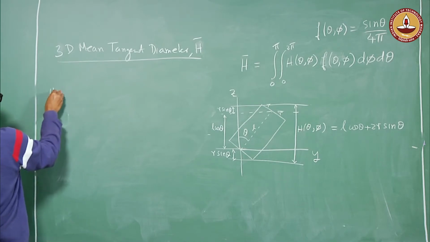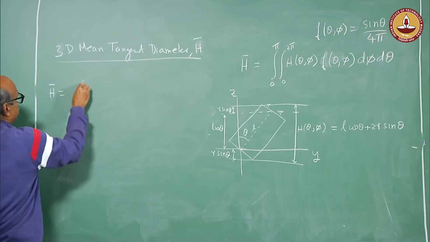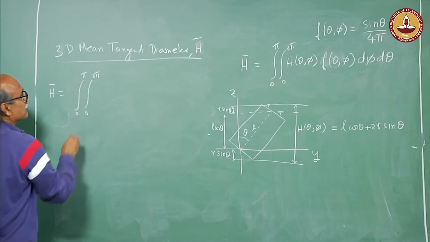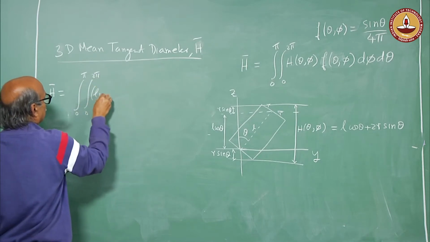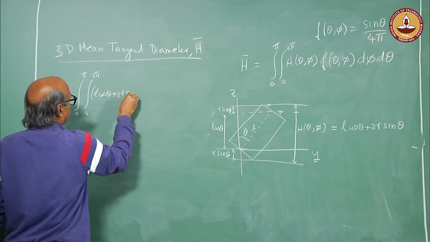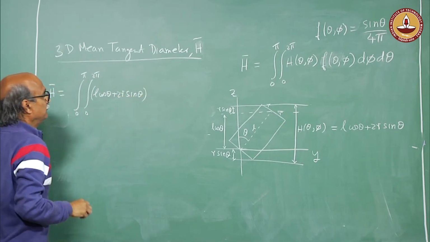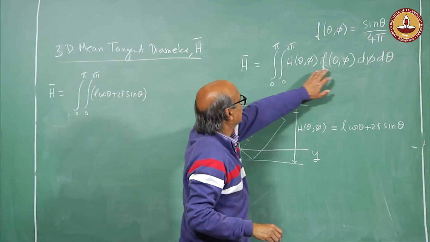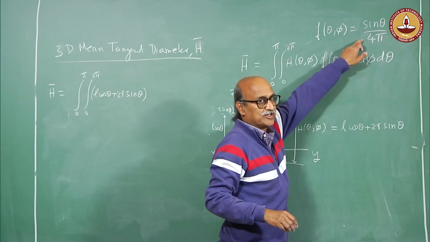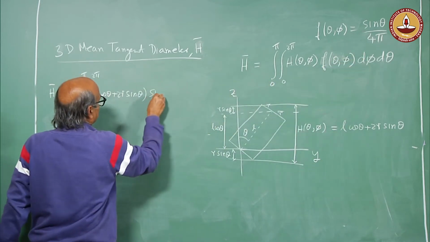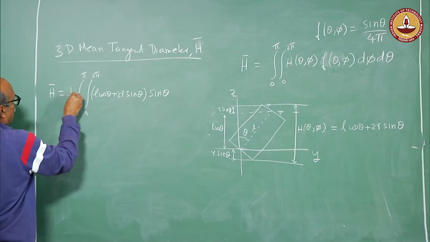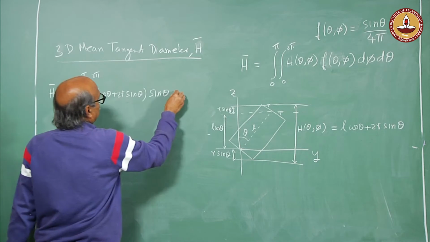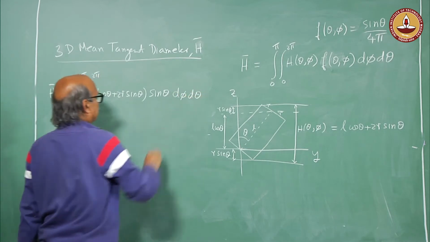So, h bar, I substituted h theta phi, I substitute f theta phi with sin theta upon 4 pi. So, sin theta will come here and 1 upon 4 pi I can take outside the two integrals being a constant, d phi d theta.